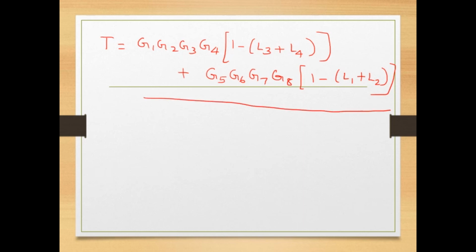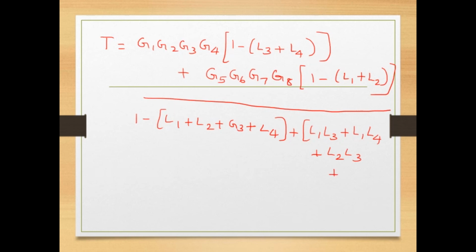Delta is 1 minus L1 plus L2 plus L3 plus L4, plus L1 L3 plus L1 L4 plus L2 L3 plus L2 L4. So this is what it is. Now we have to substitute L3, L4, L1, L2 in this.